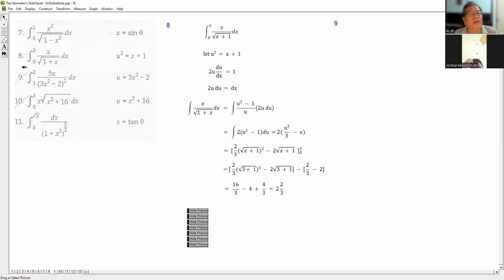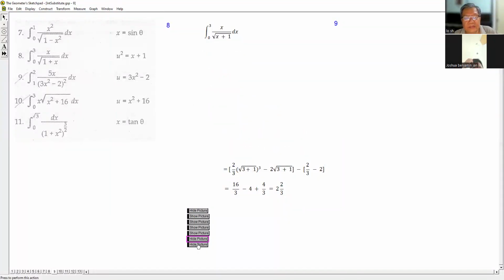Number 8 is easier. Okay, number 8. Question number 8. x over 1 plus x. So they say use the substitution u square equals to x plus 1.